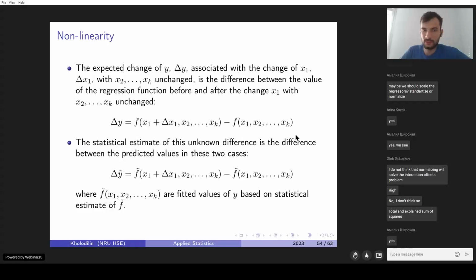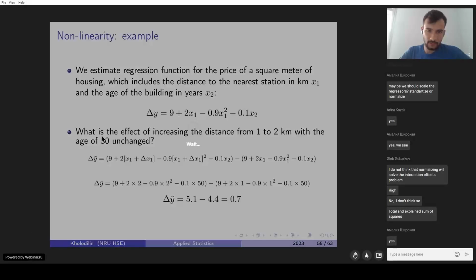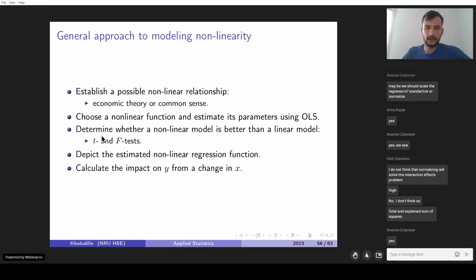How this responds to the change in your dependent variable is basically the same logic, but now you have some function instead of a linear function. You can have different forms. Here's an example, and you can use T and F statistics as well.